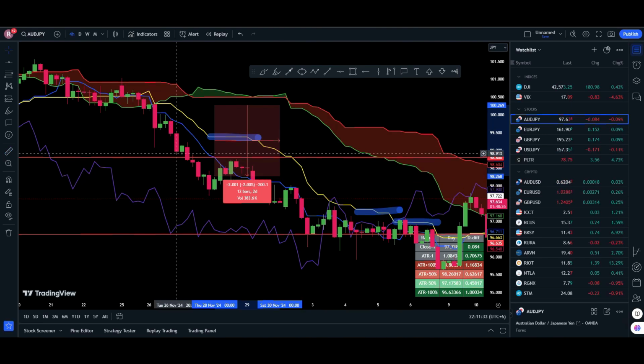We can close everything here, but as we are using this as a support, and we can see that support has not broken here, we can close 1% of our trade and keep running the other 2%, because it has the potential to make more profit.